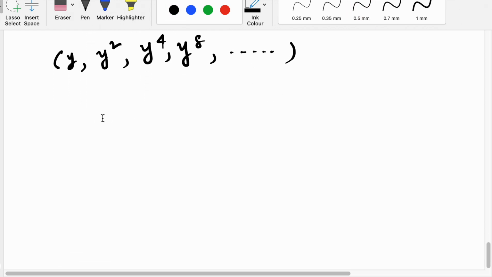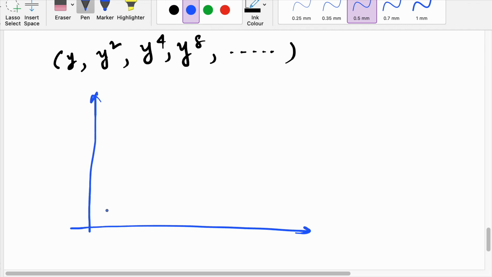If we plot these two, the iterates will look like this: suppose this is the iteration axis, 0, 1, 2, 3, and so on, and this is 1.